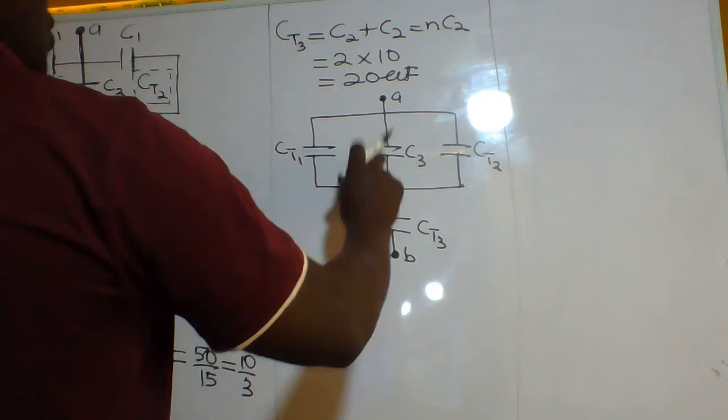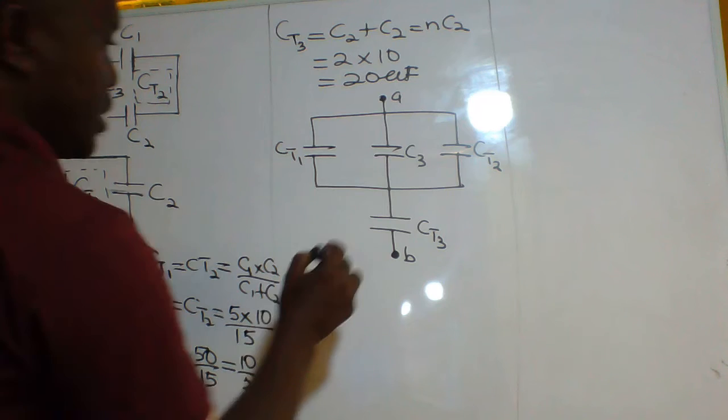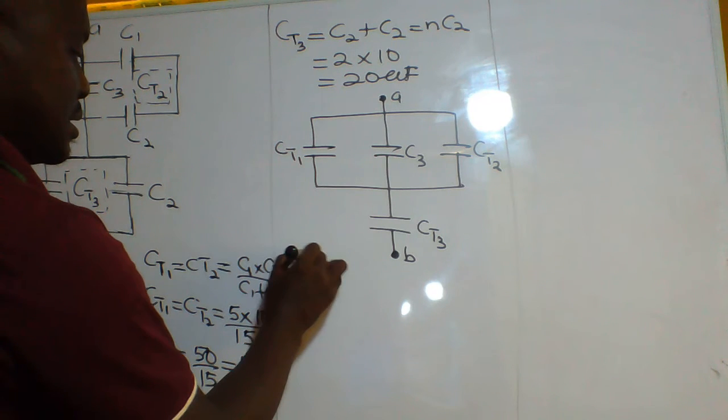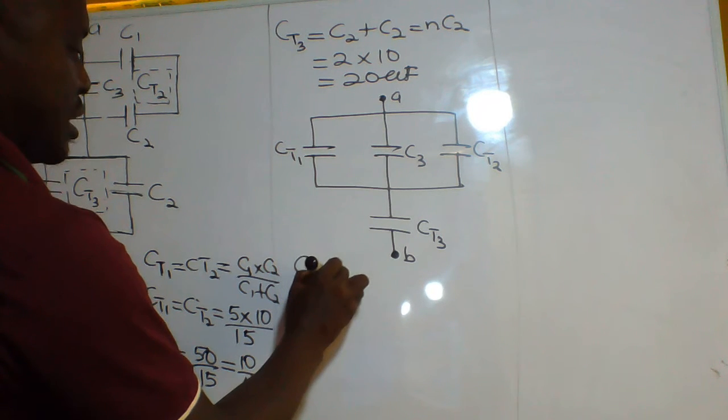So 1, 2, 3 are in parallel. So let's call their total capacitance CT4.